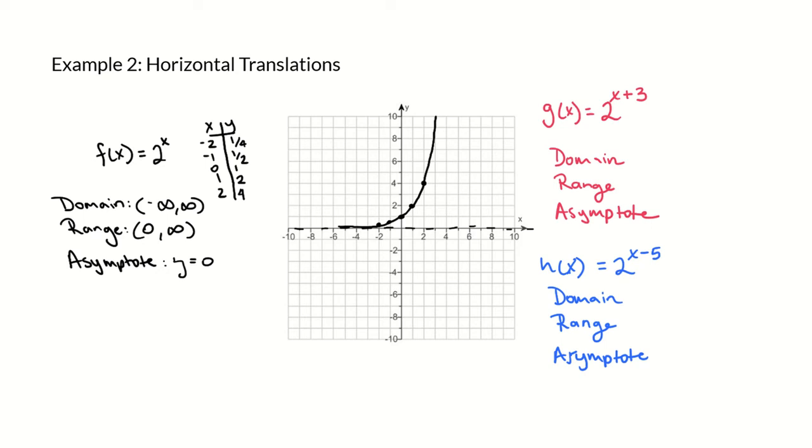So now let's look at what happens if we add 3 in the exponent. Let's look at the same points, -2, -1, 0, 1, and 2. If we plug in -2 for x, we get 2 to the -2 plus 3, so 2 to the 1, which is 2.